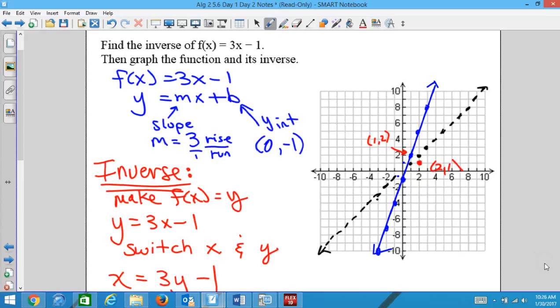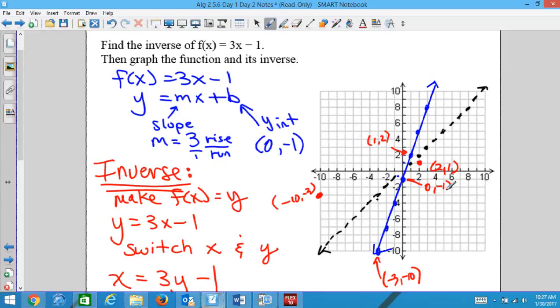2, 1. Negative 3, negative 10 is way down here. So if I'm going to graph the inverse, I would graph negative 10, negative 3. Give me one more. 0, negative 1, that's on the original one.